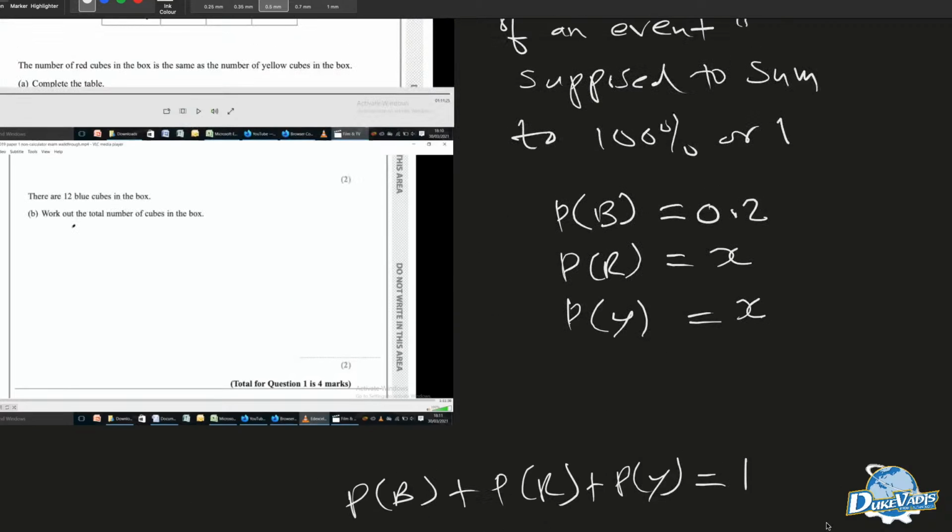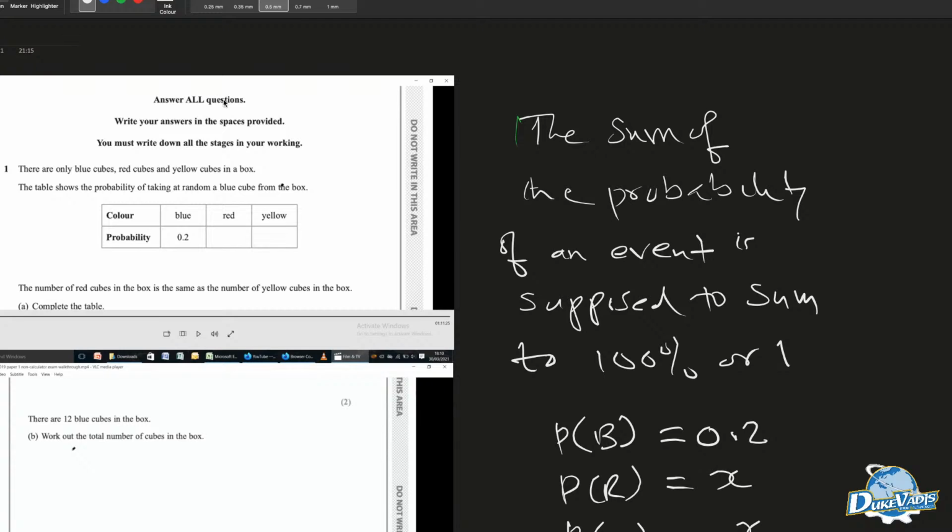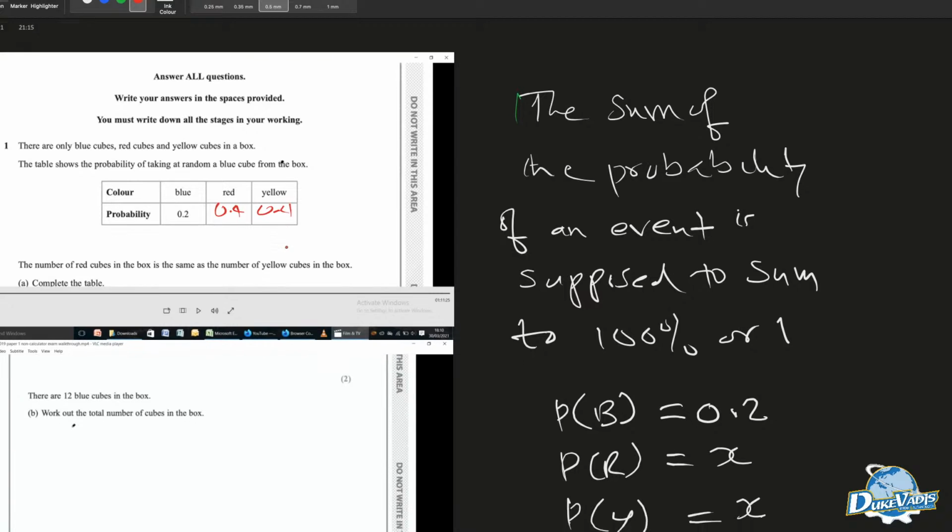Then we can fill the table: here 0.4, and here 0.4.